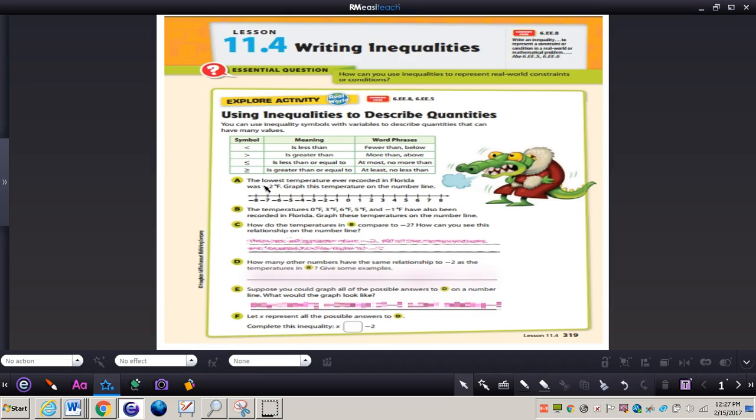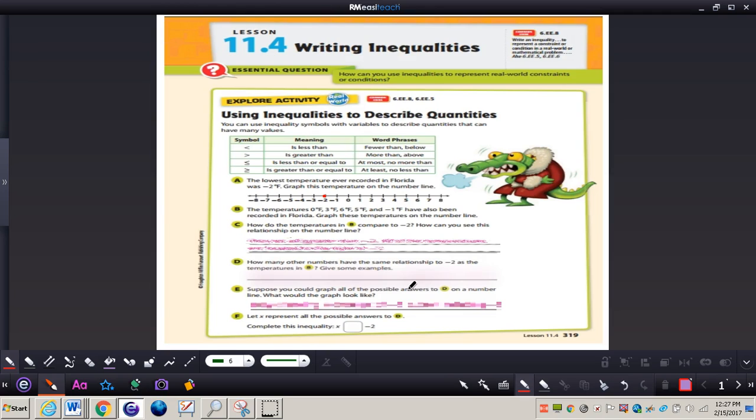So let's take a look at letter A, and we'll do this together. It says the lowest temperature ever recorded in Florida was -2 degrees Fahrenheit. Graph this temperature on the number line. You can see -2 degrees Fahrenheit on the number line would represent where -2 is. The temperatures 0 degrees, 3 degrees, 6, 5 degrees, and -1 degree Fahrenheit have also been recorded in Florida.